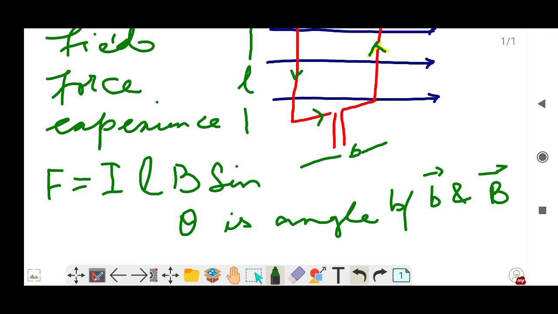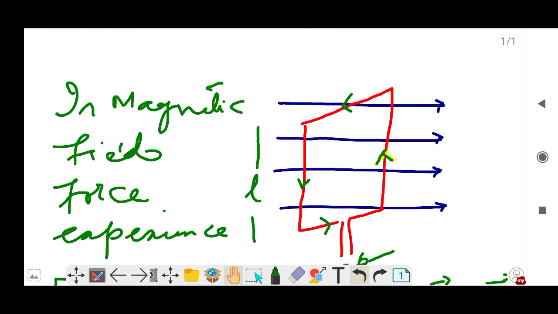If you want to show that angle, it will be somewhere here. This will be that angle, theta.